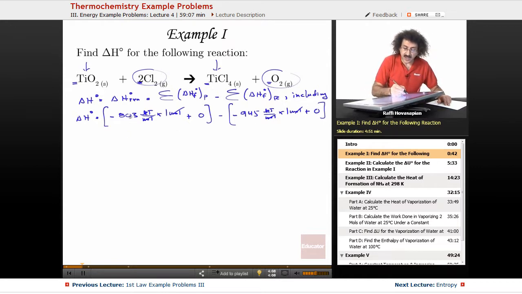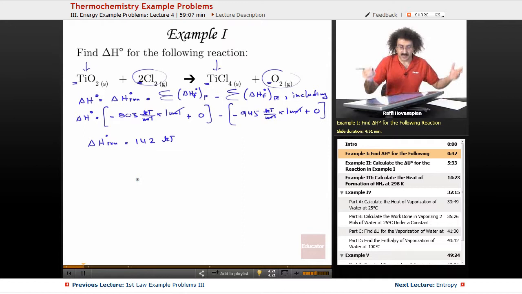So it's going to be minus 803 minus a minus 945. So delta H for this reaction is going to equal 142 kilojoules. That's it, or 142,000 joules.